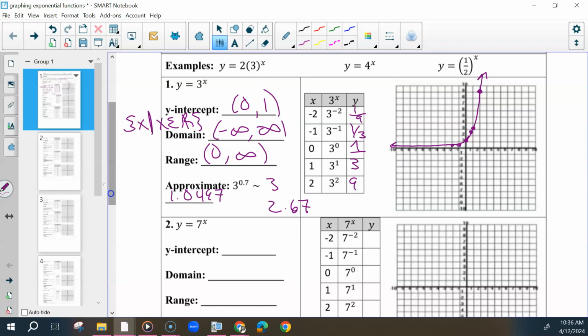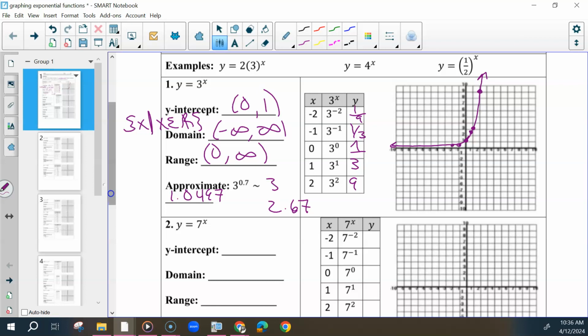So we were off, but that's okay. It was just a guessing game, just to see if you could. You know it would have to fall between 1 and 3, so this one was probably too much, but this answer wasn't a bad approximation.